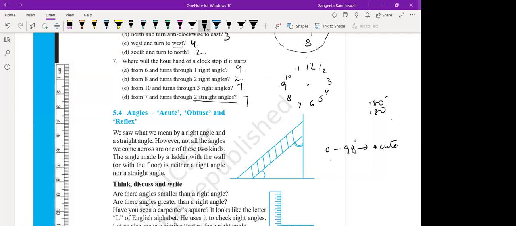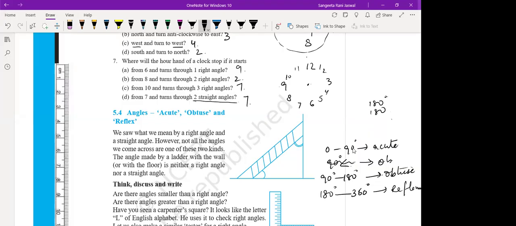Angles greater than 90 degrees, from 90 to 180, are obtuse angles. And angles which lie between 180 and 360 degrees are called reflex angles.